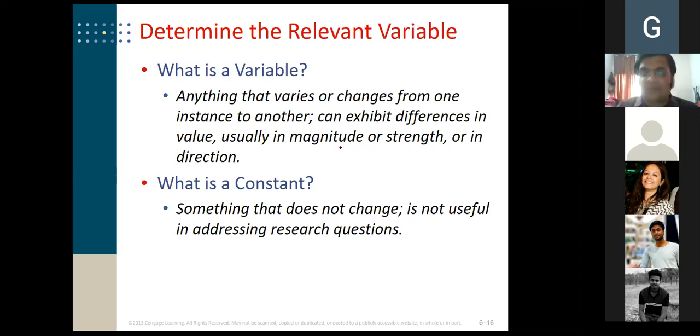If I ask you what is your customer loyalty, all the 60 will have different levels of customer loyalty. For some it may be very high, some may be medium, some may be low, right? So it's a variable. Customer loyalty is a variable, right?